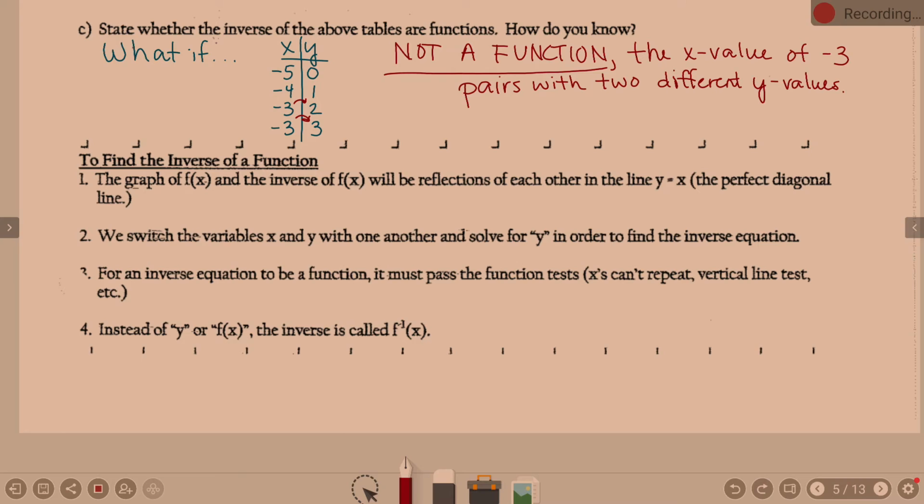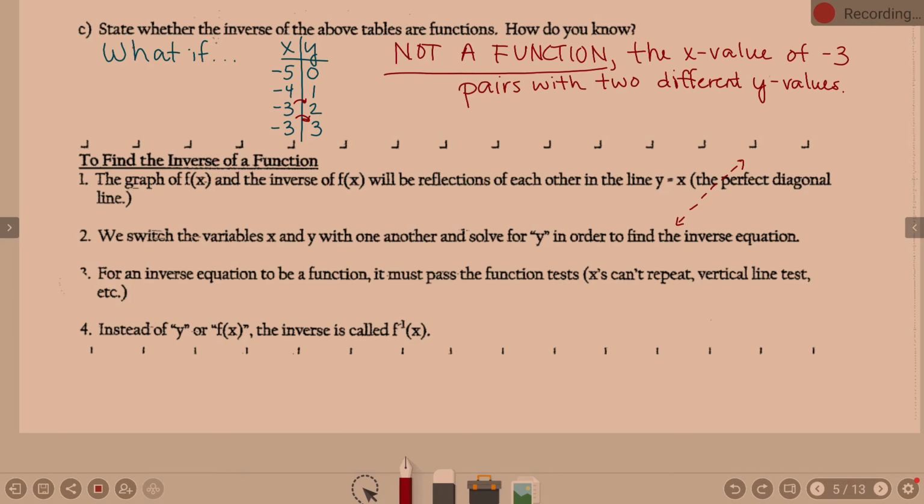First of all, the graph of f of x and the inverse of f of x will always be reflections of each other over the line y equals x. Are you guys familiar with what the line y equals x looks like? Notice it's the perfect diagonal line, the line that goes through 0, 0 and has a slope of 1.